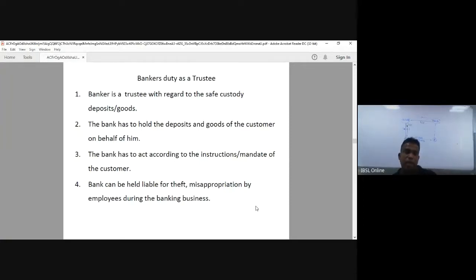The bank has to hold the deposits and goods of the customer on behalf of the customer. The bank has to act according to the instruction or the mandate of the customer.